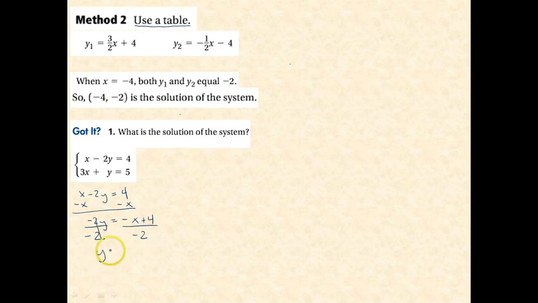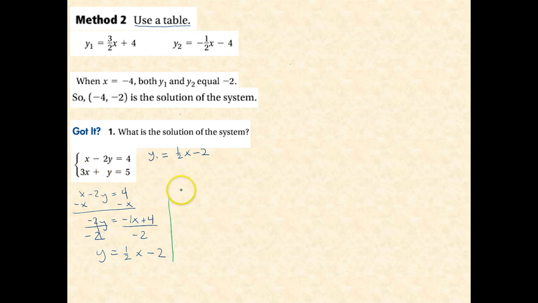And I get y equals, negative divided by negative is positive, so this is 1x, so it's going to be 1/2 x. And then positive 4 divided by negative 2 is negative 2. So we'll call this one y1 equals 1/2 x minus 2.